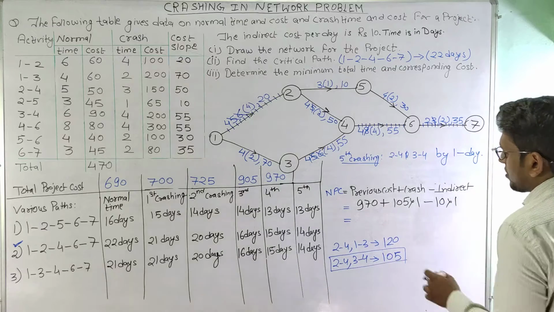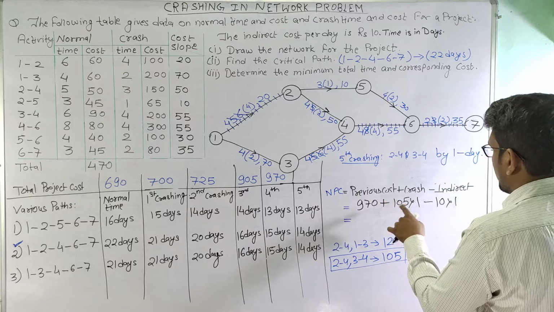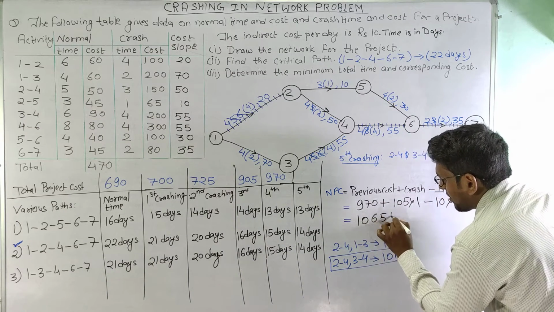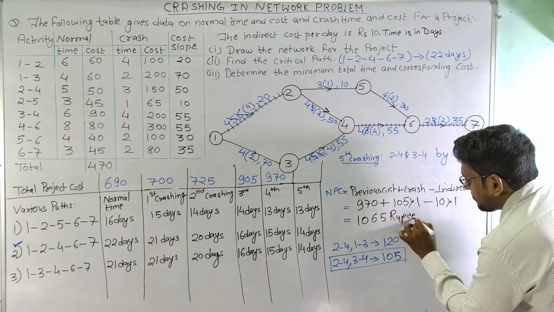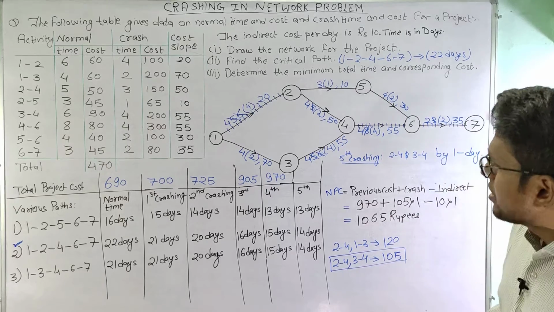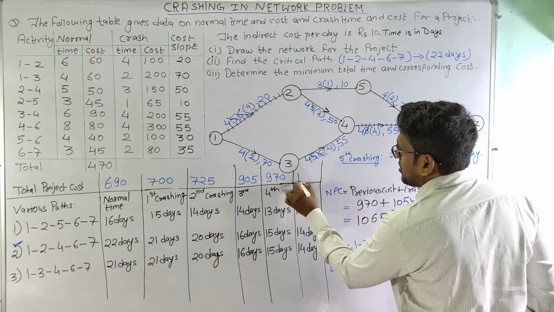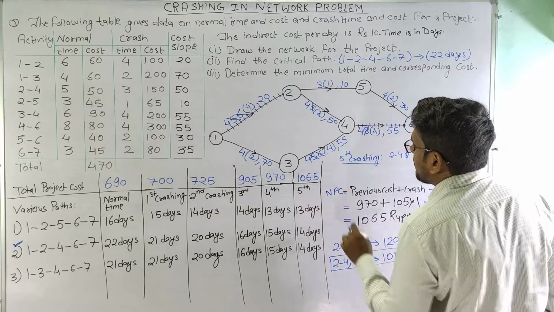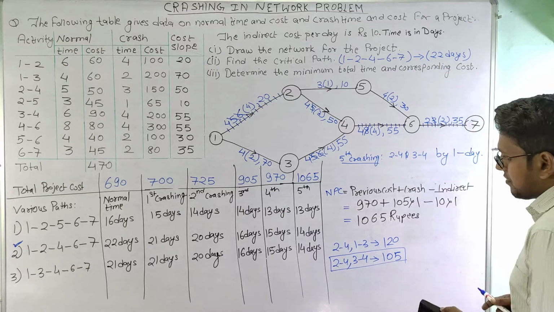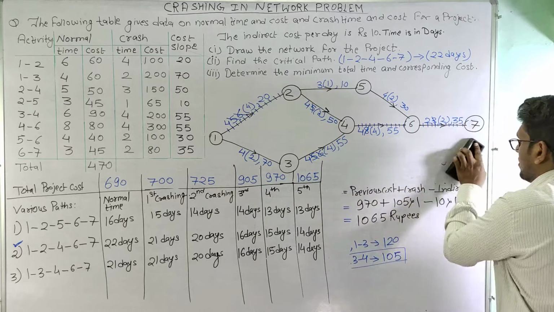So here the total cost is 1075 minus 10, so this will be 1065 rupees. So we can see here that the total project cost after fifth crashing is 1065. And now let us see whether we can further crash these activities or not.